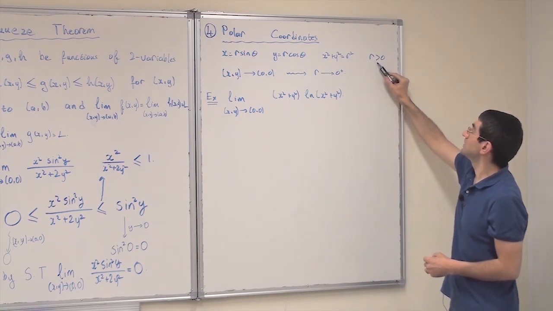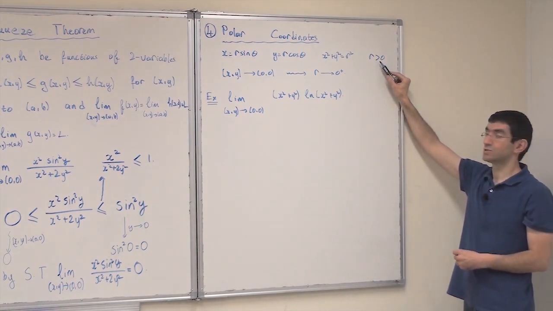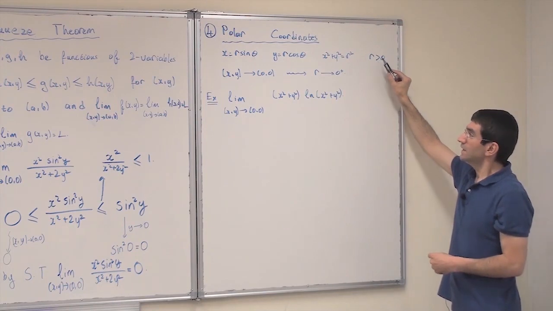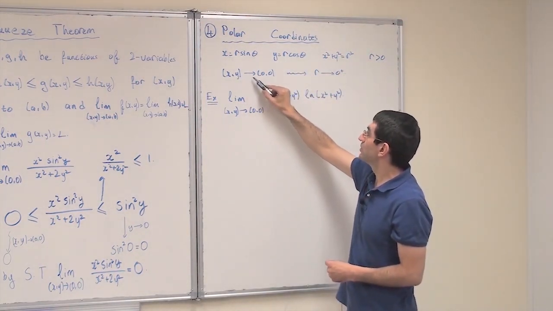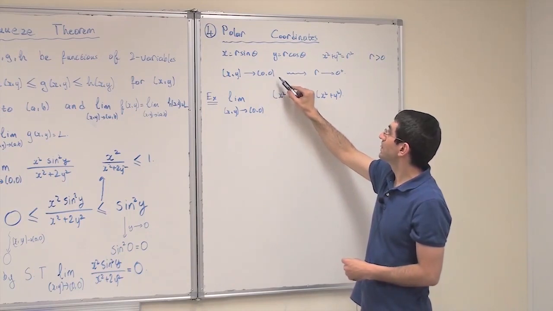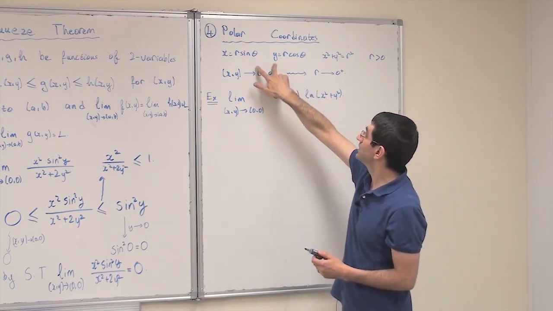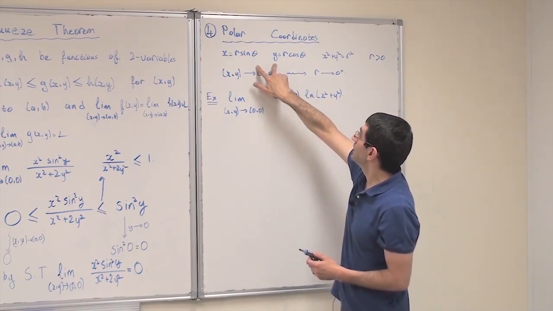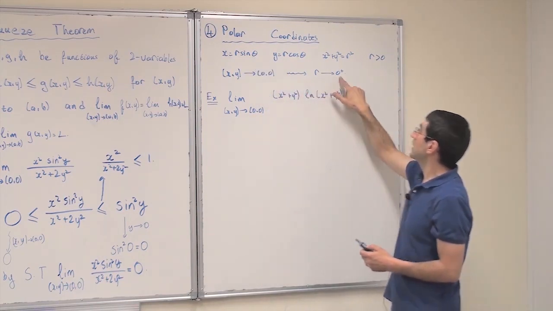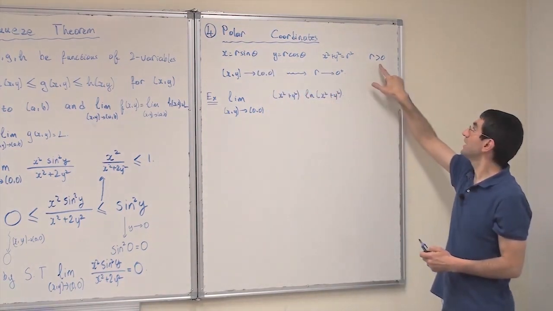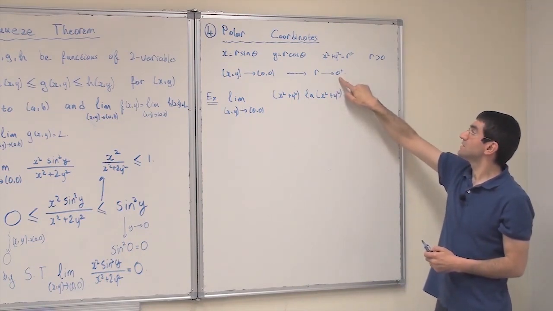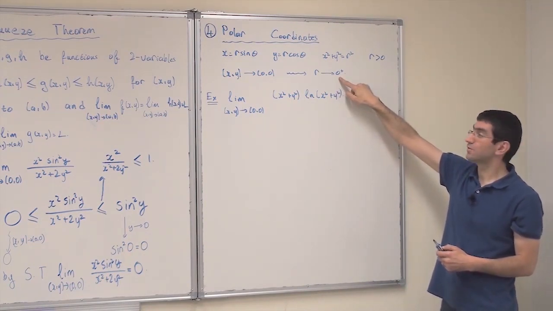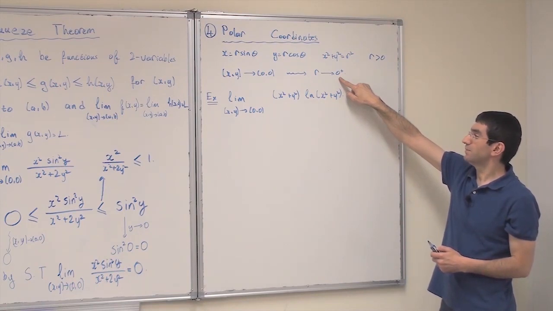And we can always assume that r is positive. Now, as x y approaches 0, 0, if you look at these two relations, then r has to approach 0. But since we are assuming that r is positive, then r is going to approach 0 from the positive side.